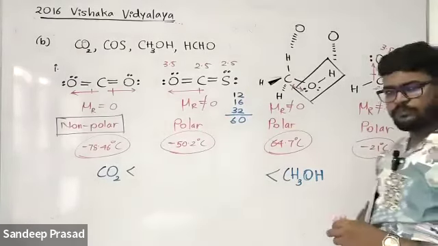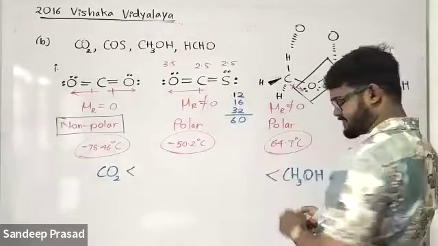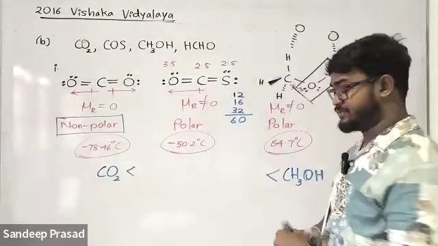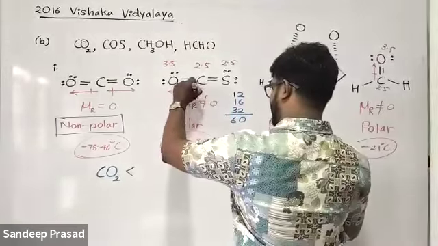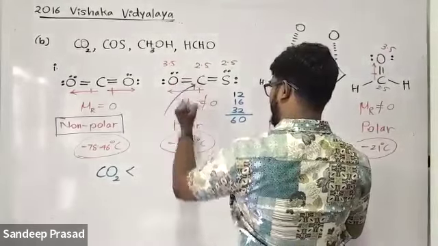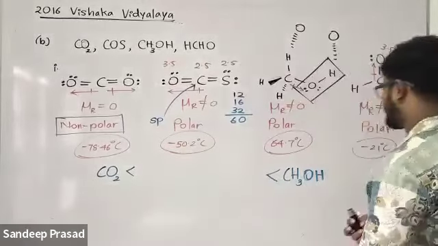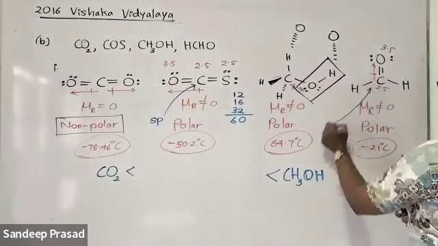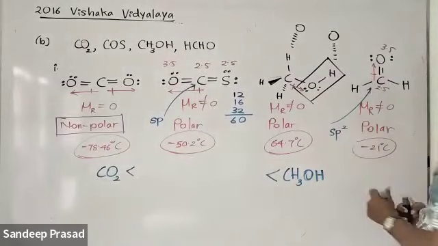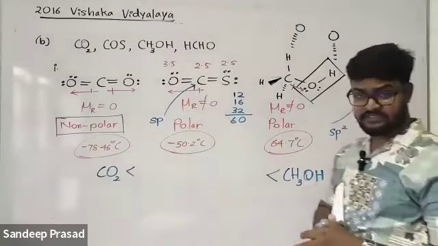Students, if I ask you, what is the hybridization of this carbon atom? Listen to this very carefully, this is a very, very important point. Look at the hybridization of this carbon: sp. What is the hybridization of this carbon? sp2. So which one has the highest s character?